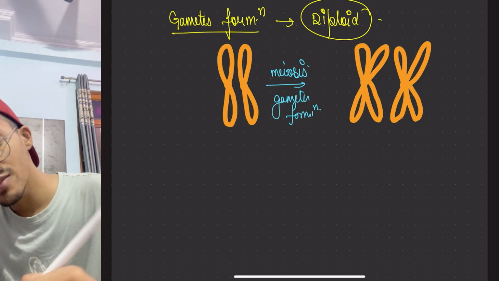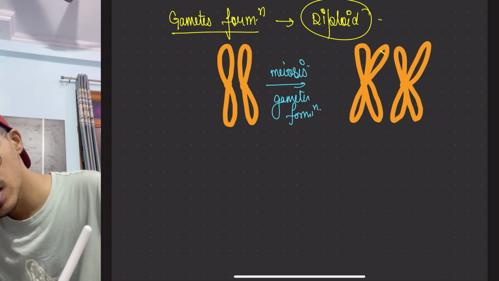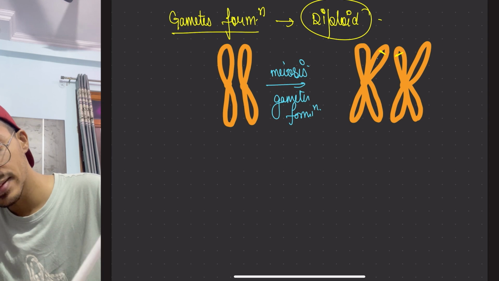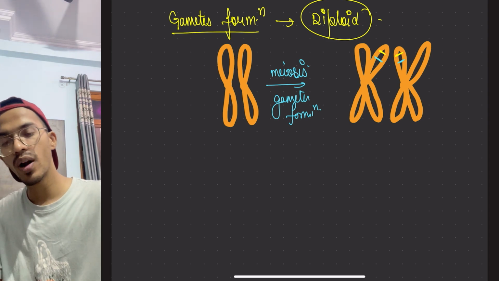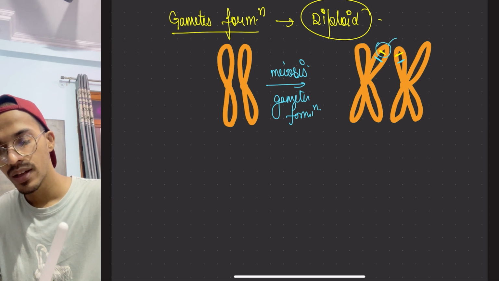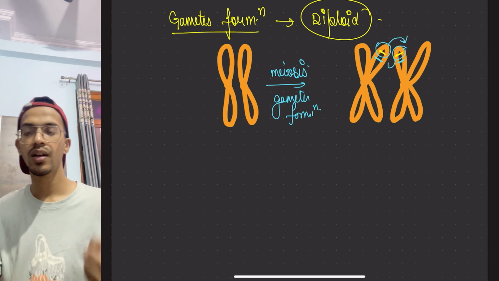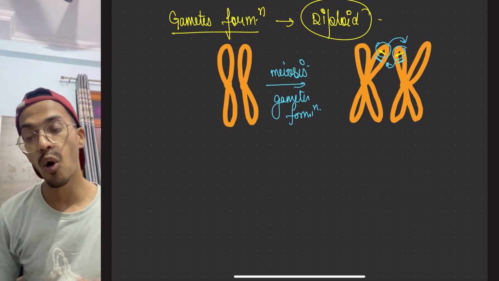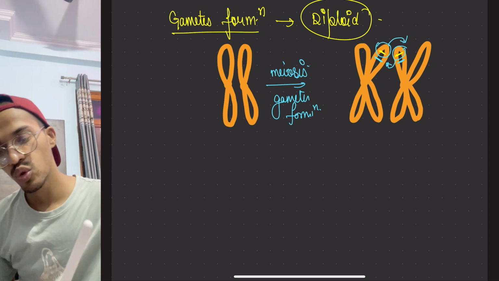Now, during this time, certain genes are present. For example, this is one gene, and this is another gene that is present. Here they get crossed. This thing can come here, and this thing can come here. And this crossing only is occurring, which leads to the non-parental combination.